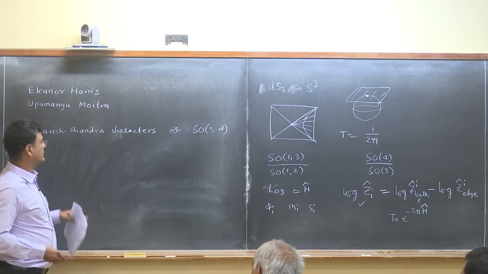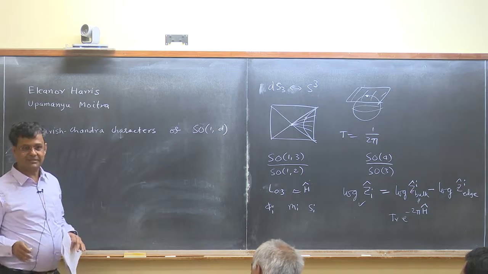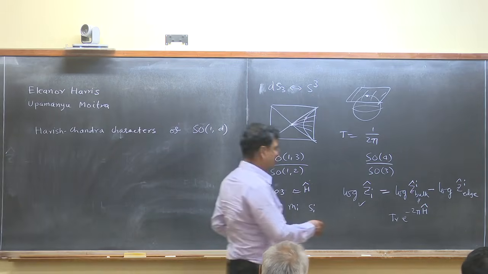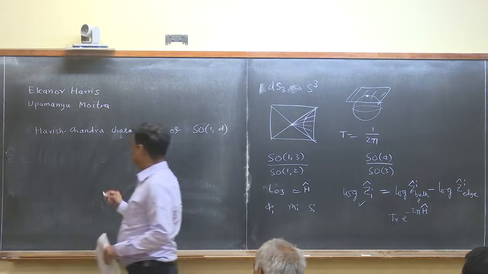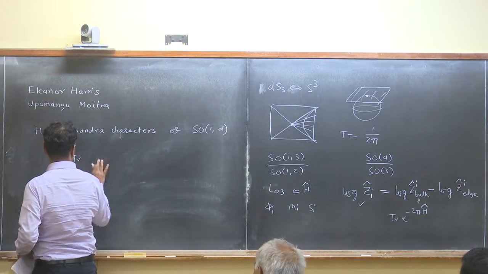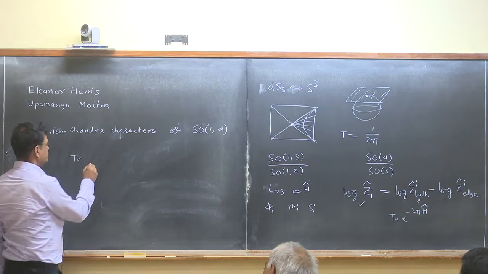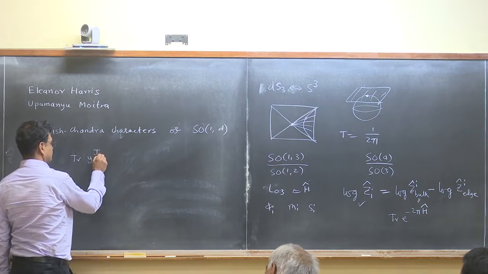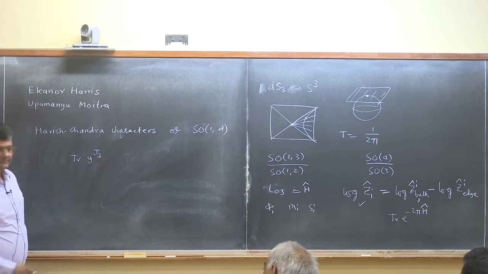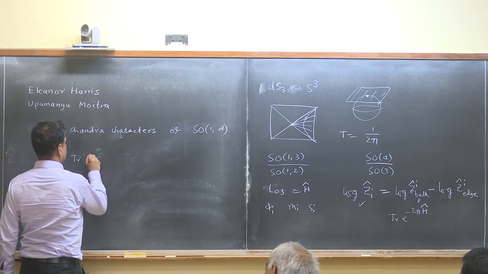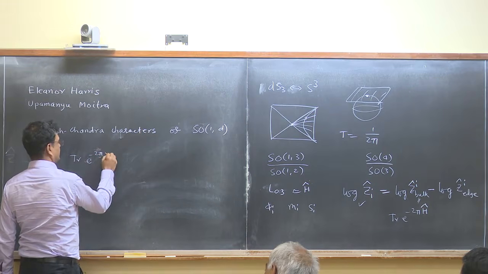And so, I mean, don't be scared by this. The main thing is, what is a character, right? A character is like a trace. For example, you can calculate the character of SU2. Character of SU2, you can say y to the power j3, or if you like, e to the minus 2 pi x j3.